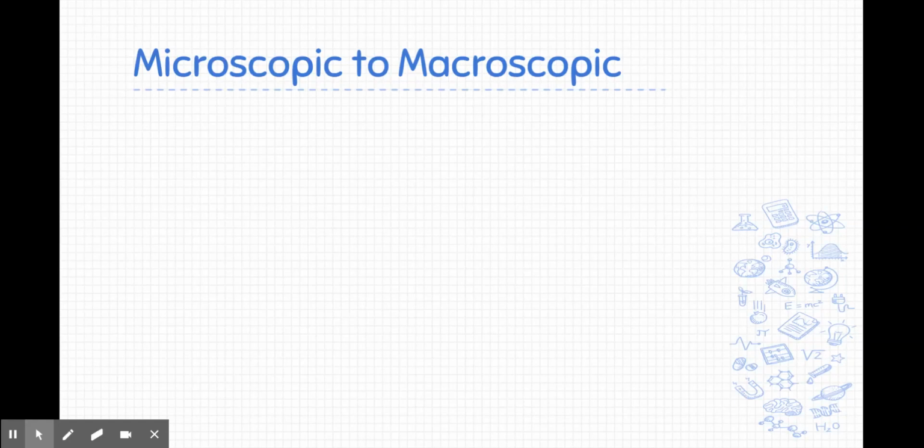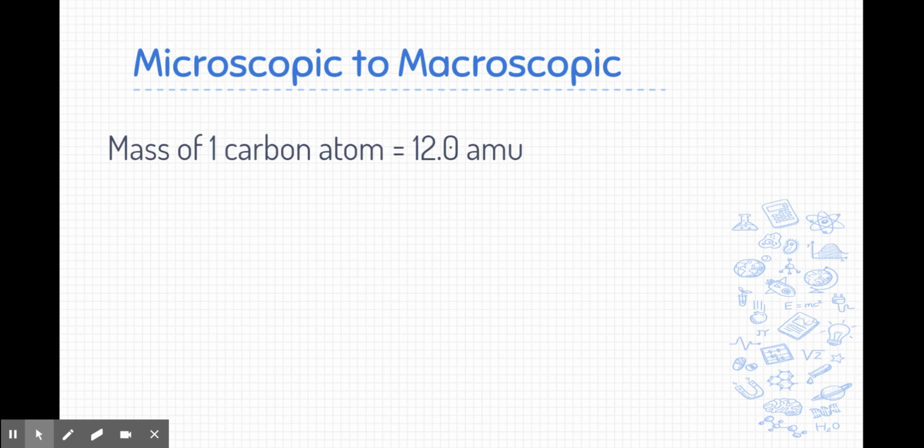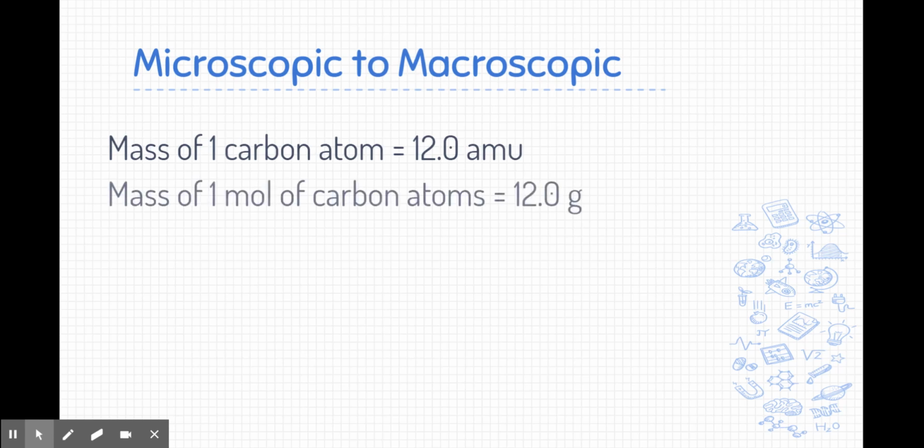So we found something very interesting there. The mass in grams of 1 mole of carbon atoms was equal to 12 grams. Why is that interesting? Well, it's the same numerical value as the atomic mass of 1 carbon atom.